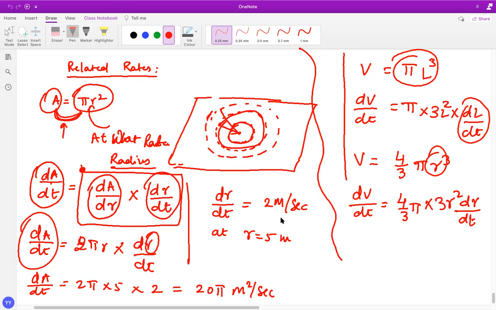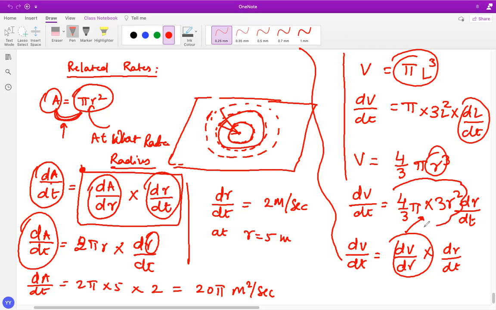Now these are the straightforward methods, but if you see what I did out here, I actually did dV by dt is dV by dr times dr by dt. And dV by dr is this part here, and dr by dt is this.